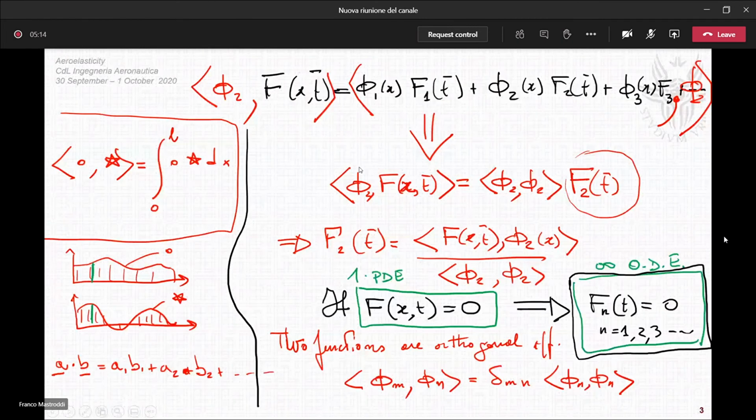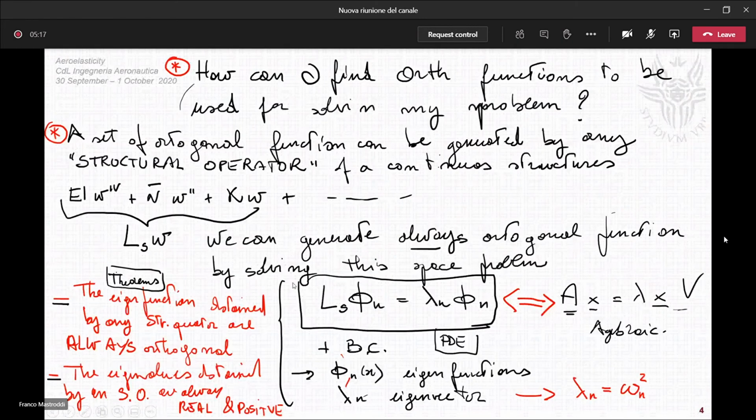The eigenfunctions phi are such as to satisfy this equation. This is the definition. If you are able to solve this equation only in space, this is a space-only equation, it will give to you a set of scalar quantities like lambda and functions. The scalar quantities are always real and positive. The functions are orthogonal.